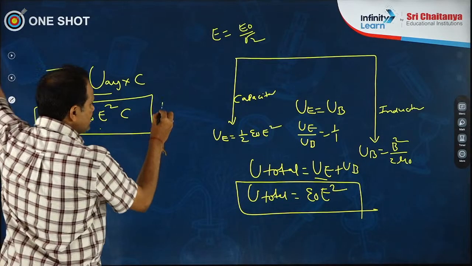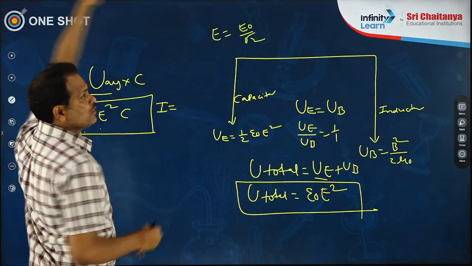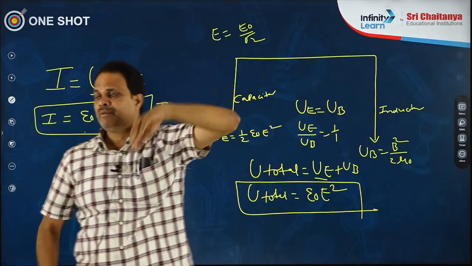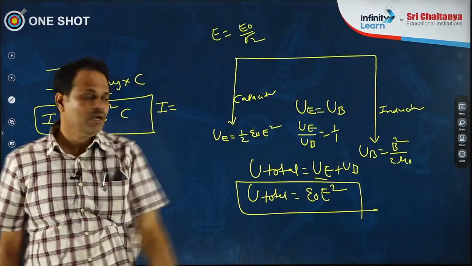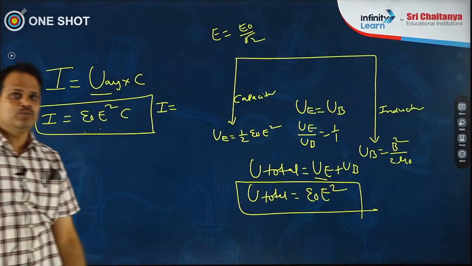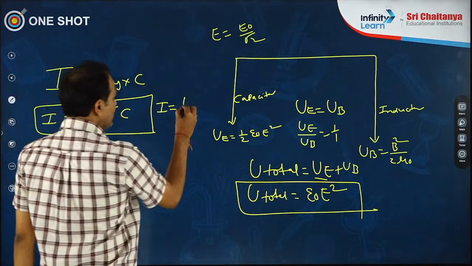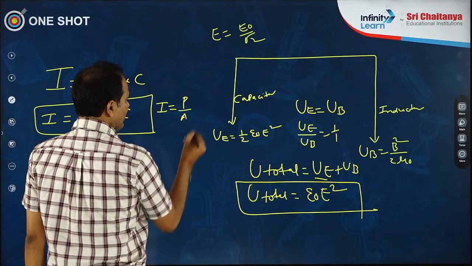But the intensity of any electric bulb, suppose this bulb is there, this bulb emits electromagnetic radiations, but this bulb is assumed to be a point source. Once it is a point source, intensity can be written as power by area.